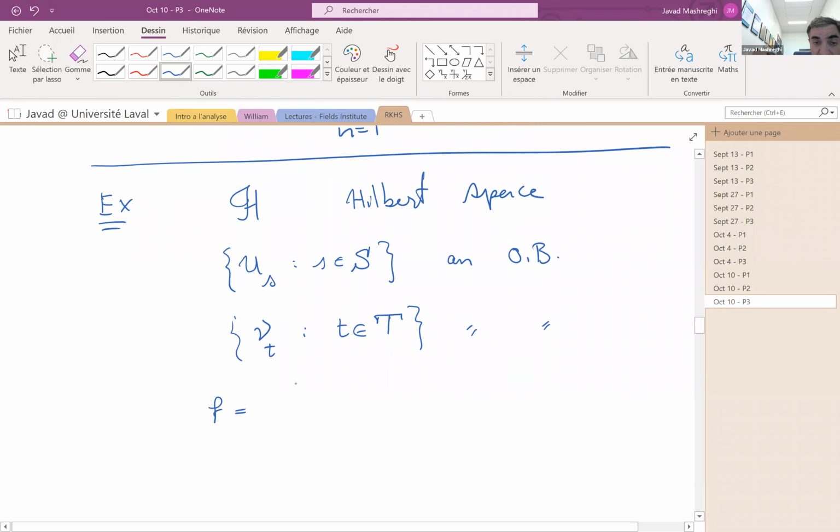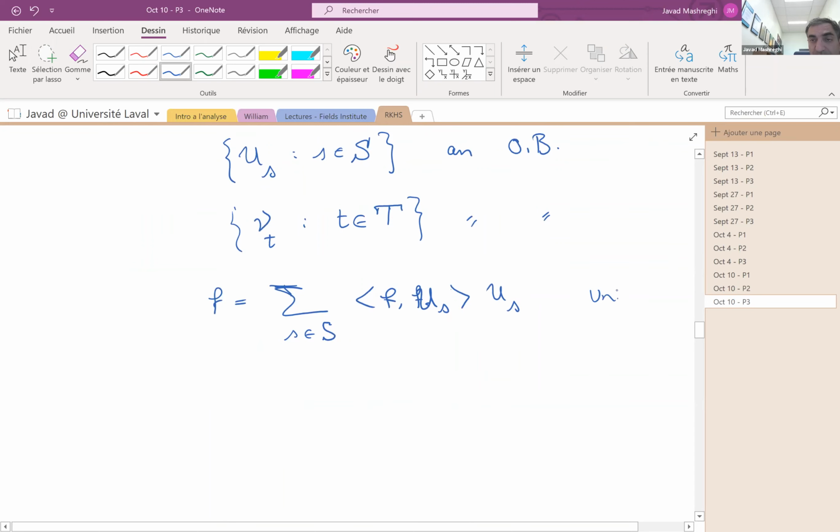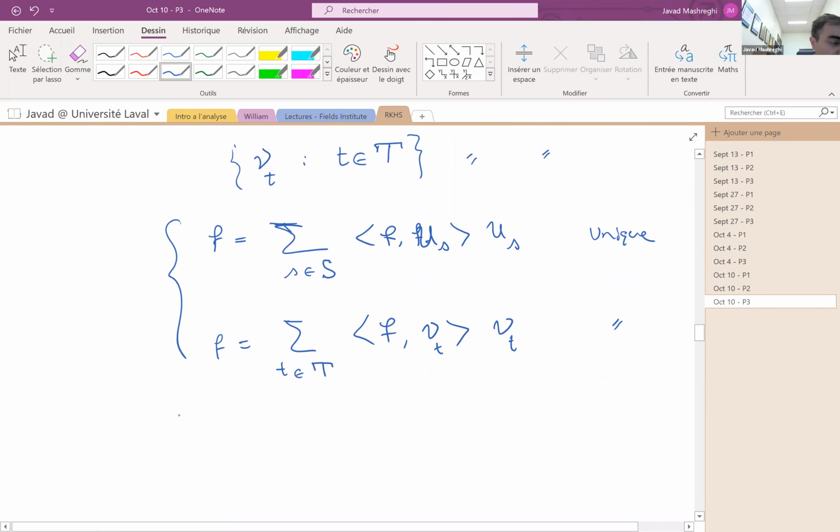With each of these, we have a representation which is unique. I mean, F equals the sum over s in S of the inner product of F with U_s times U_s. This is unique. Also F, with respect to t, equals the sum of the inner product of F with V_t times V_t, again unique. That's the classical one that we have seen many, many times.